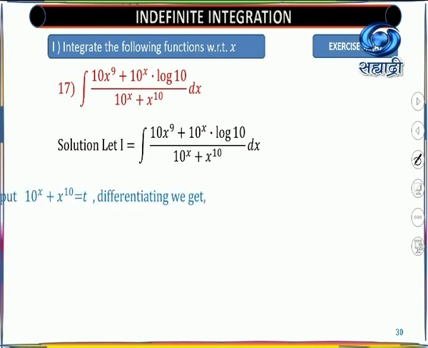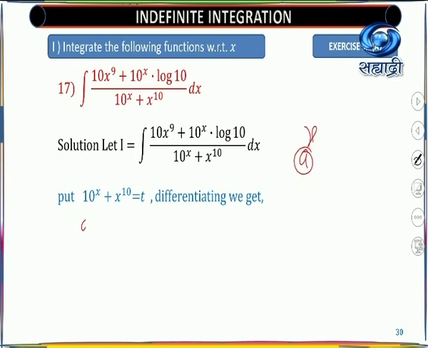We'll start substituting. What will we substitute? 10 raised to x plus x raised to 10 equal to t, because this is the simplified form. So differentiating, what will we get? 10 raised to x means a raised to x, so that derivative will be a raised to x, where a is a constant. Here in x raised to n the variable is in the base and the power is an integer. These two are different: x raised to n and a raised to x.